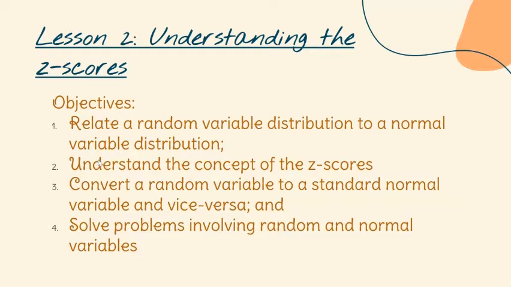Our objectives are: first, relate a random variable distribution to a normal variable distribution. Second, understand the concept of z-scores. Third, convert a random variable to a standard normal variable and vice versa. Lastly, solve problems involving random and normal variables.